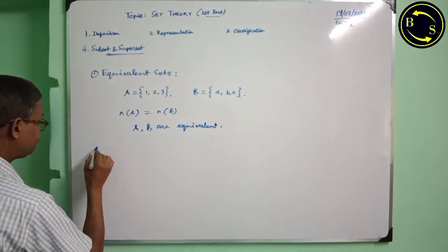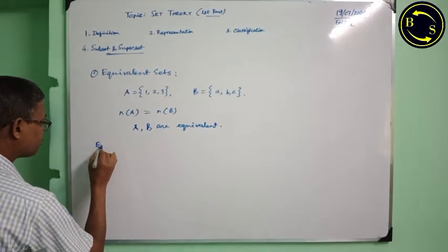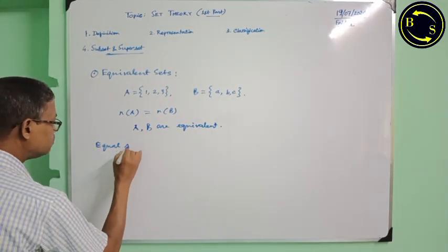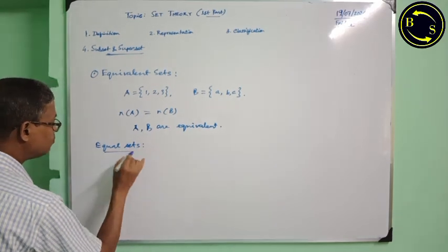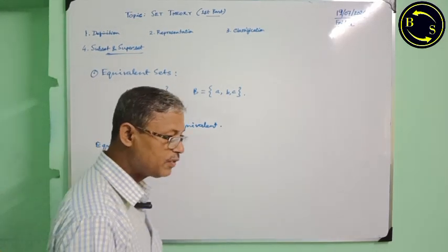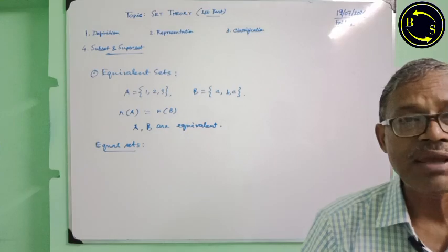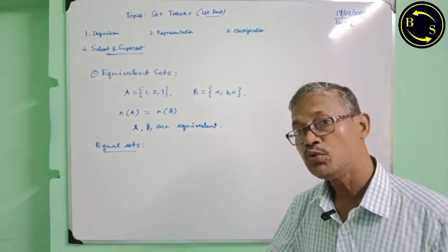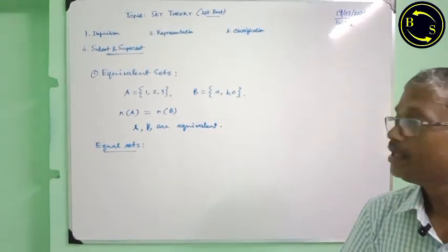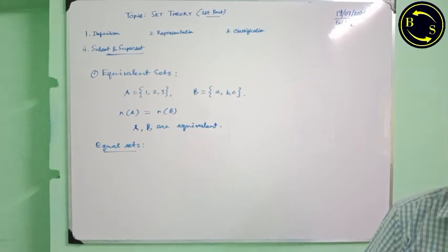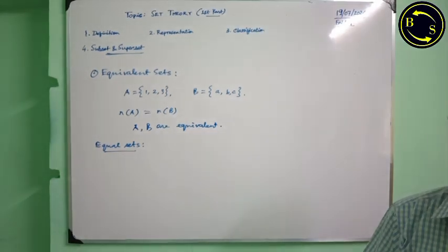Next we come to equal sets. If two sets have the same elements, then we call those two sets equal.